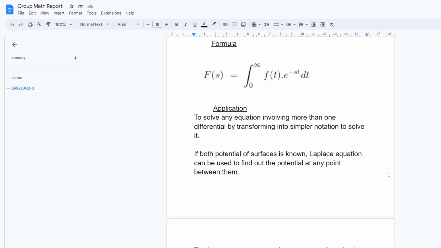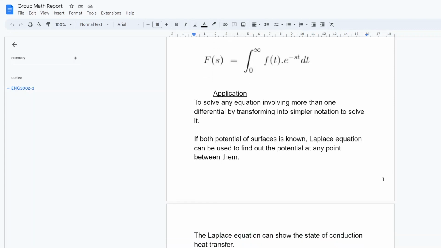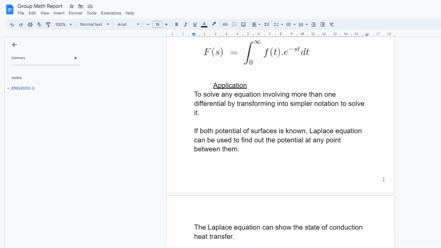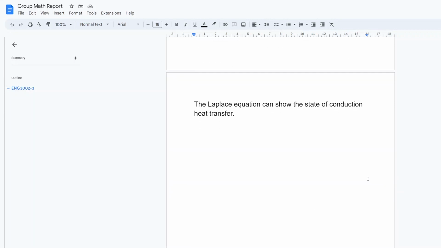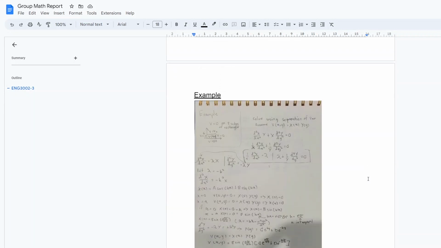The application of the Laplace equation is to solve any equation involving more than one differential by transforming it into a simpler notation. If the potential of both surfaces is known, the Laplace equation can be used to find the potential at any point between them. The Laplace equation can show the state of conduction heat transfer.